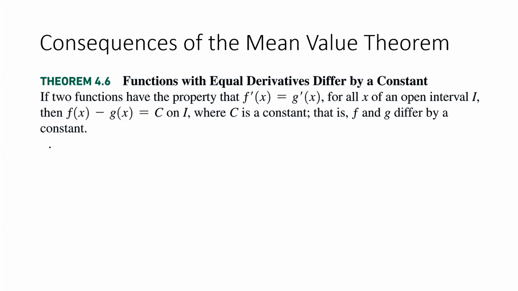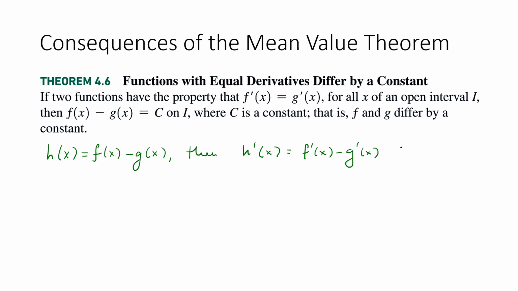We can easily apply the previous theorem here: if I let h of x equal f of x minus g of x, then h prime of x is f prime of x minus g prime of x, which must equal 0, since f prime of x equals g prime of x.